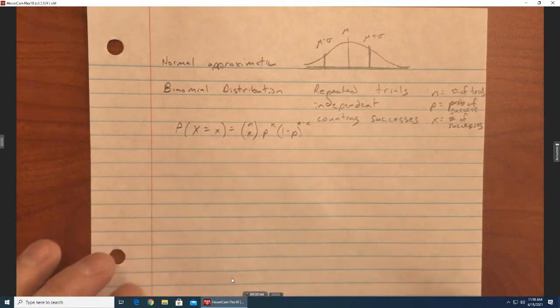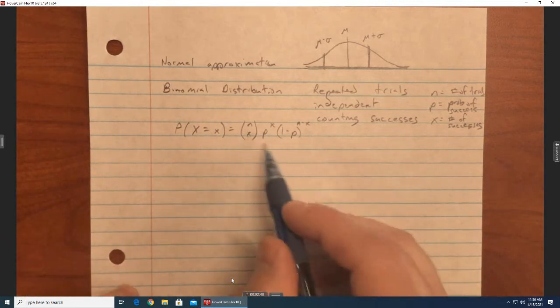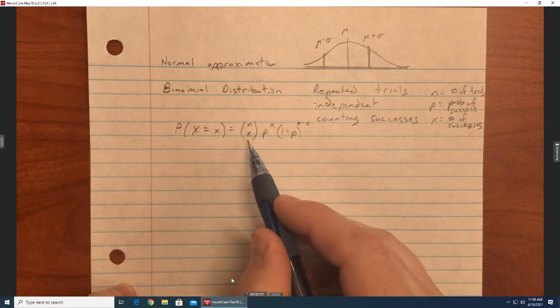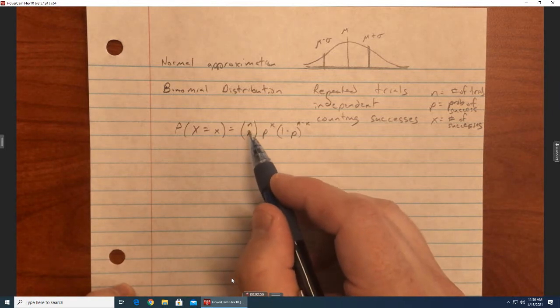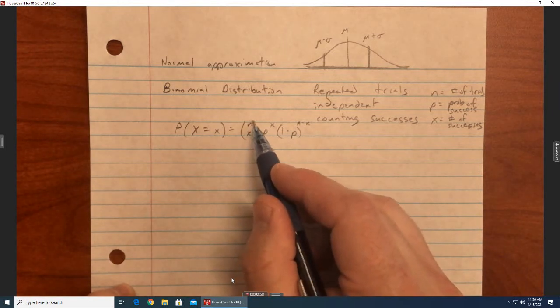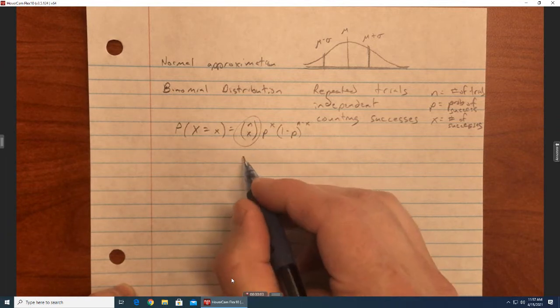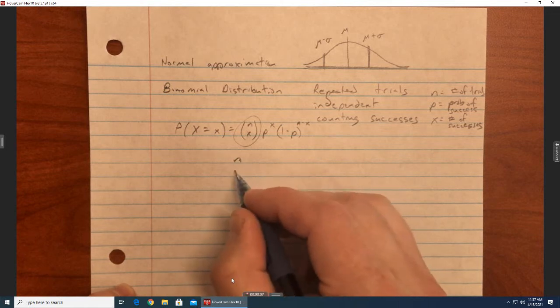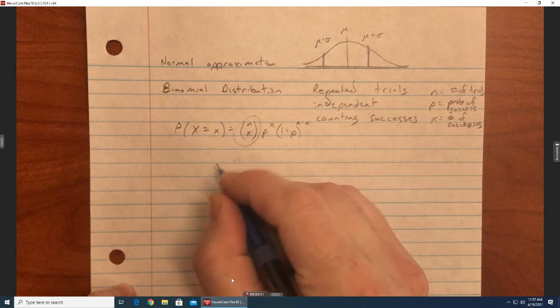Of course, usually we've been using the calculator to do this particular computation. But this is basically in the background what the calculator is doing. And you'll notice that this involves factorials.